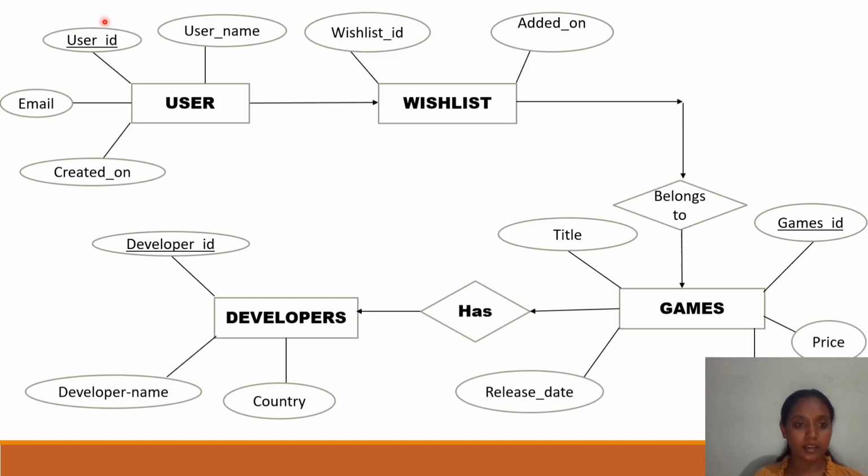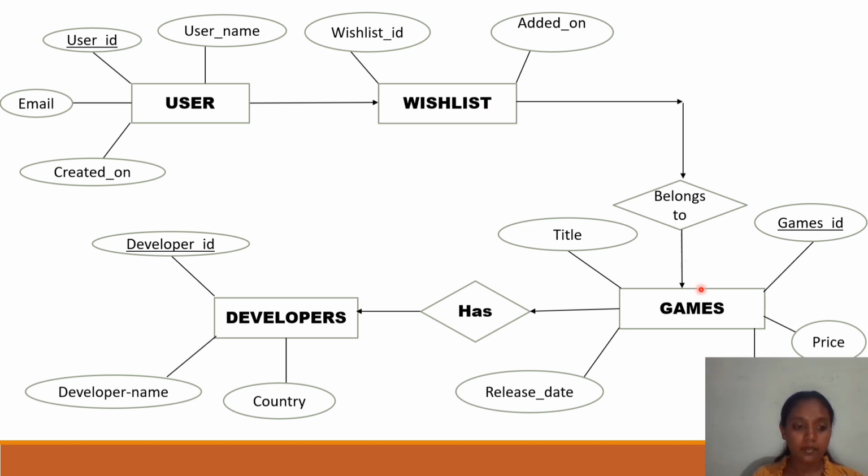Coming to the ER diagram, we have a user table, wishlist table, games table and developers table. Users are connected to the wishlist: a user can have multiple games on their wishlist, but each entry in the wishlist corresponds to only one user.